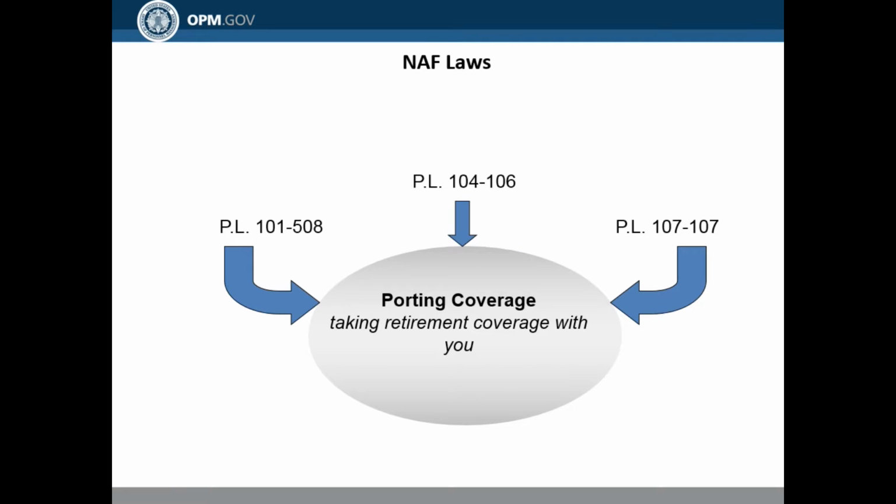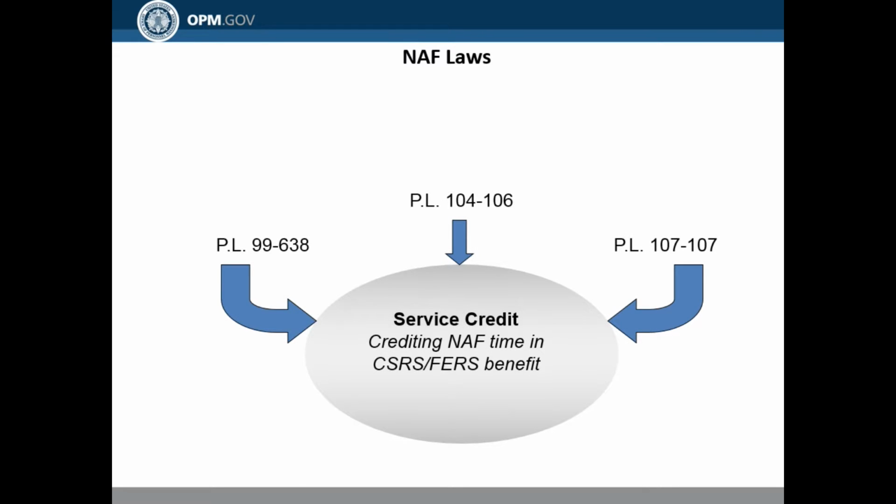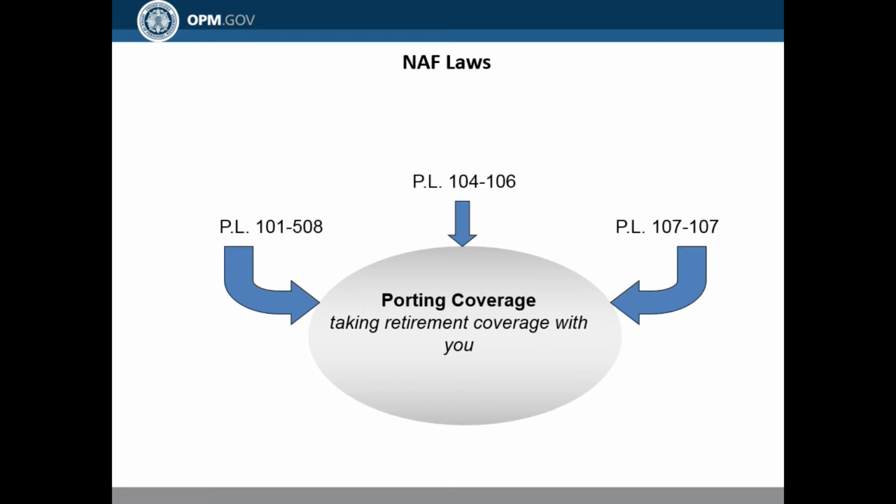And again, that's taking the coverage that you initially had with you. The public laws that govern service credit are Public Law 99-638, and then 104-106, and 107-107. So you'll notice in the previous slide we had 101-508. That dealt specifically with porting coverage.